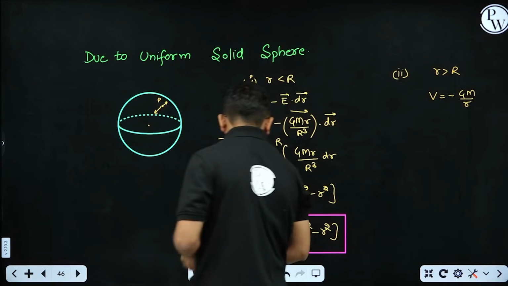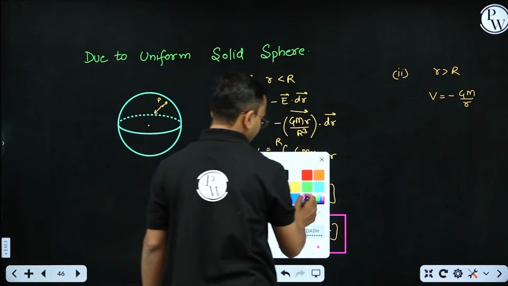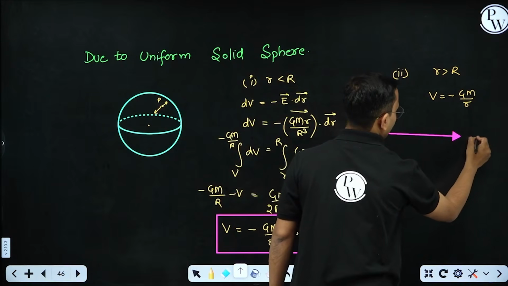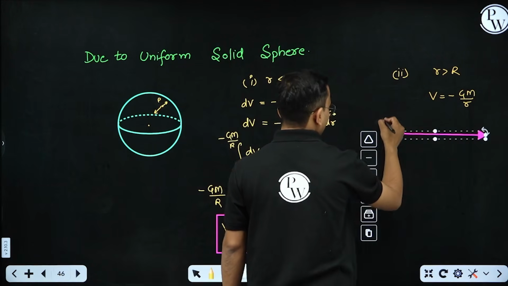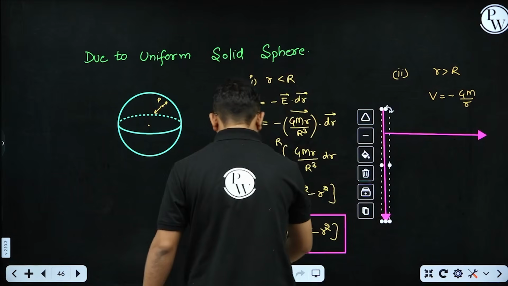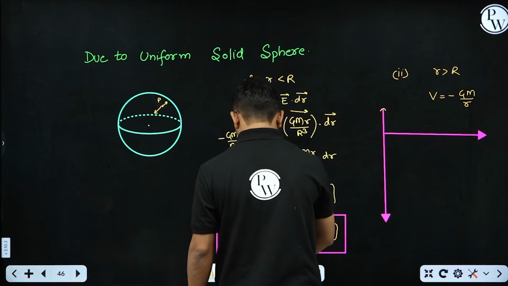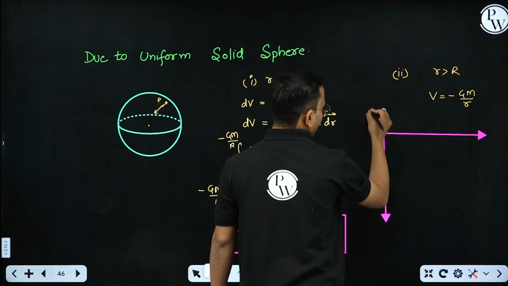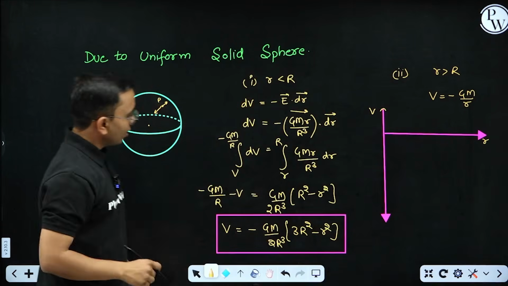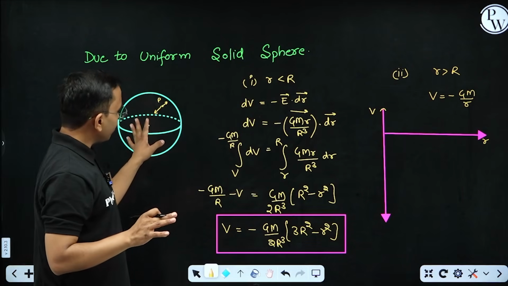And if I draw how V is varying with distance, let us do that. This is my r, and the negative axis is minus of V. So if you see, the magnitude of the potential is maximum at the center.